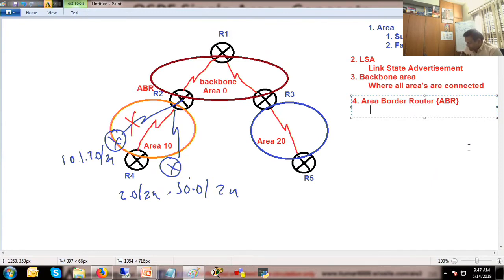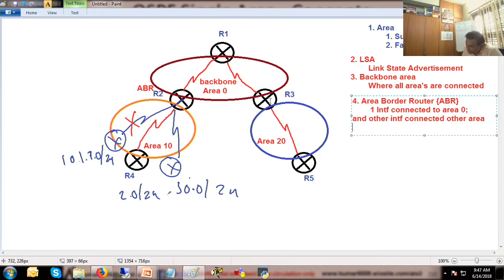One interface is connected to area 0, the backbone area, and the other interface is connected to other areas.